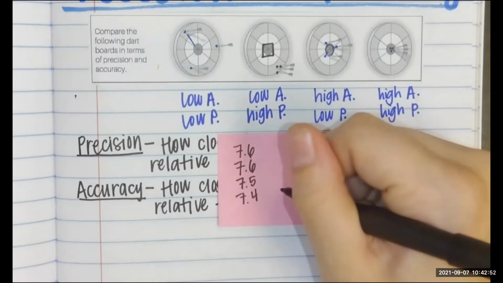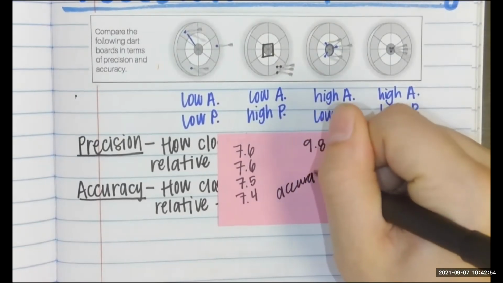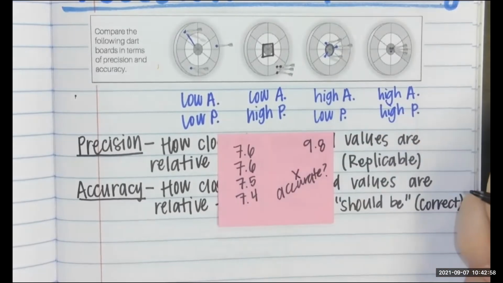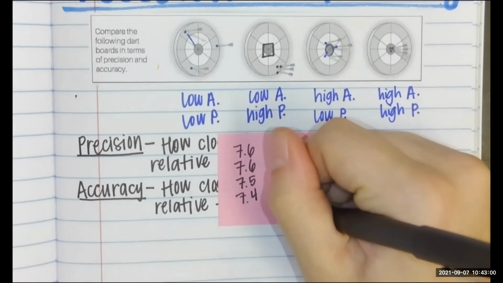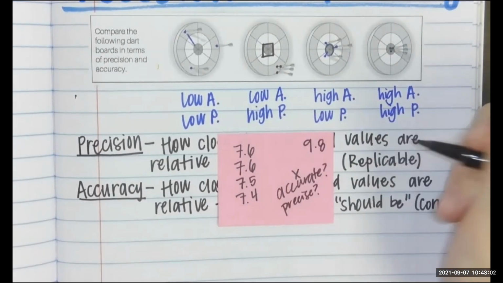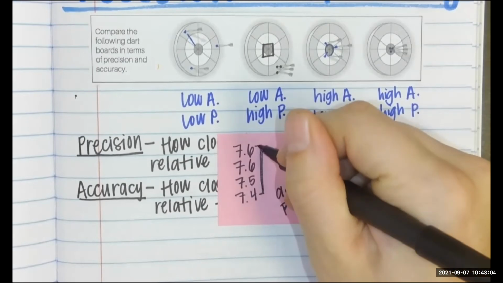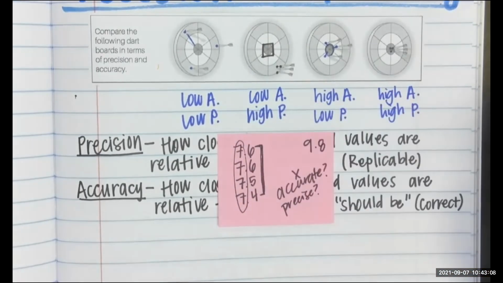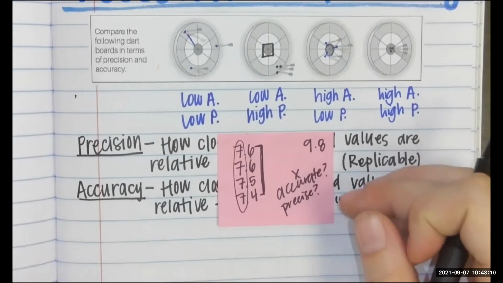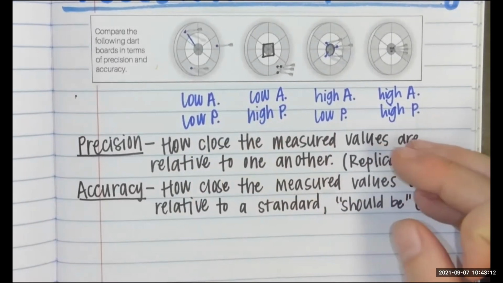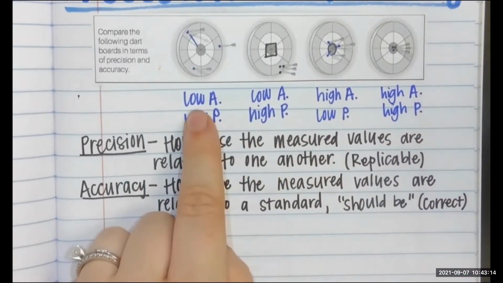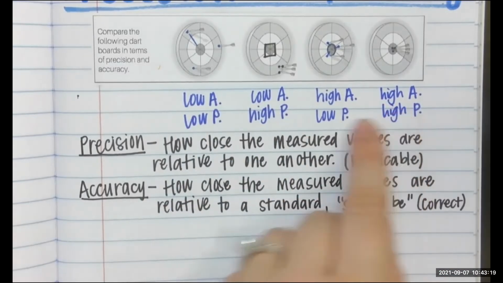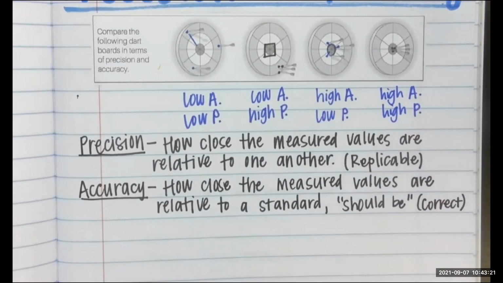It'll say, are you accurate? And you'll be like, no, because those are nowhere near 9.8. Are you precise? You'll be like, yeah, super precise, because all of those are within the same area. So it'll just ask questions and you'll have to decide, is it high accuracy, low accuracy, high precision, low precision.